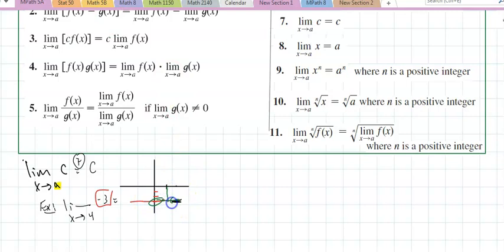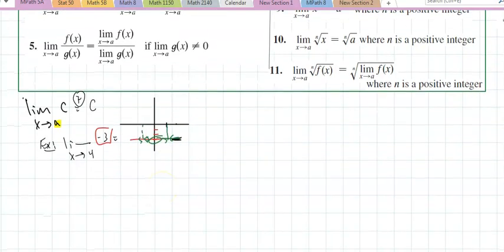Whether I'm approaching from this side or this side. And if I make a table, let's go about this the traditional way, x and negative 3. If x equals 4.01, y equals negative 3. If x equals 3.99, y equals negative 3 no matter what. So the limit of the constant is the constant.